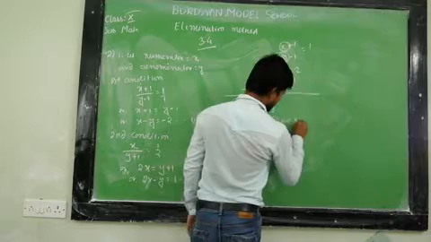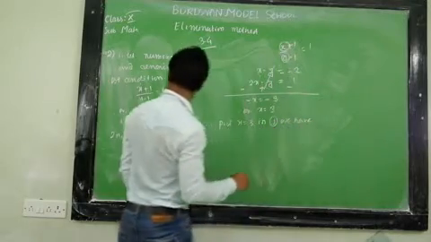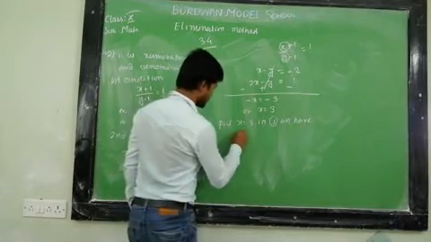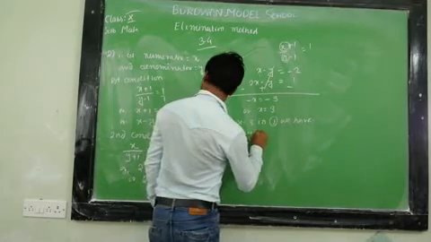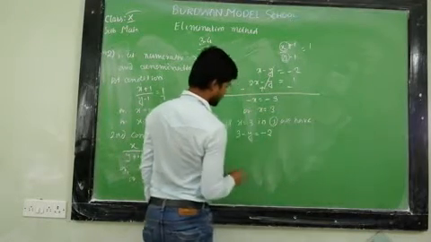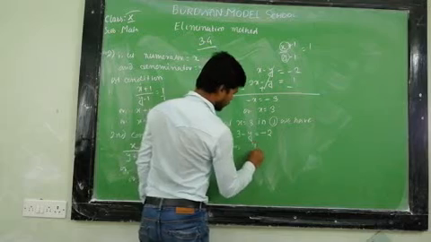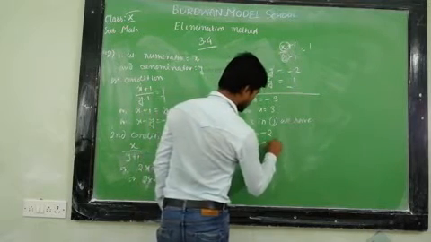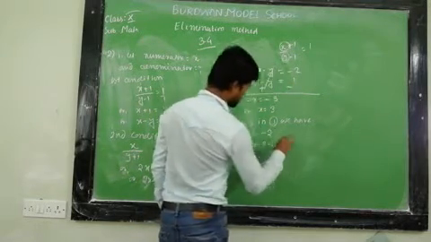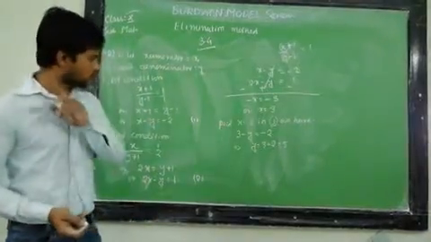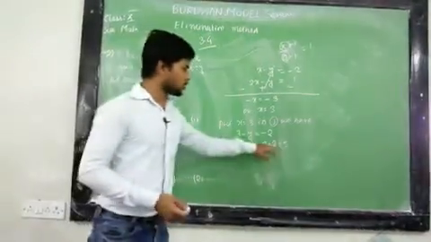We have 3 minus y, which is equal to minus 3. That means y is equal to 3 plus 2, that is equal to 5. So the value of x is equal to 3 and the value of y is equal to 5.